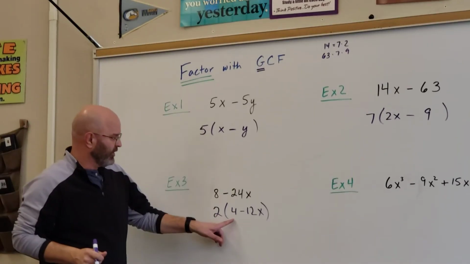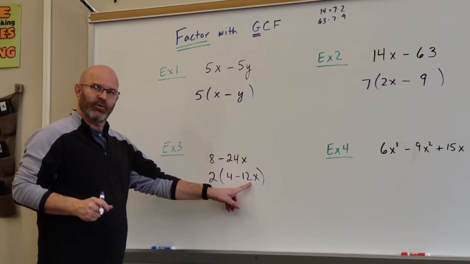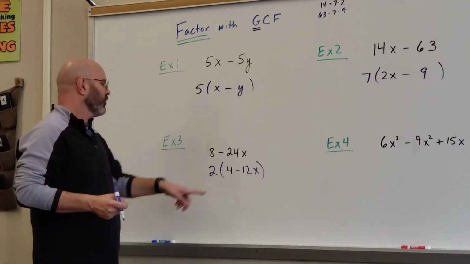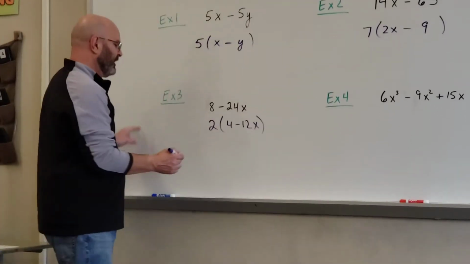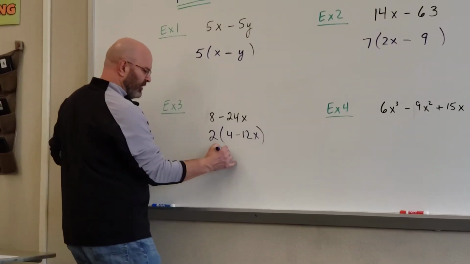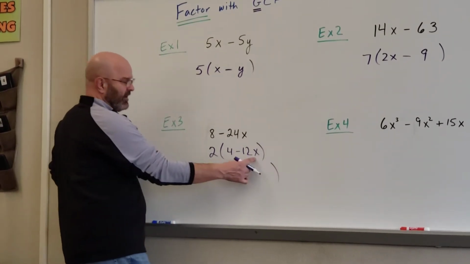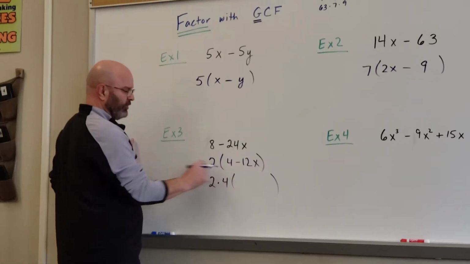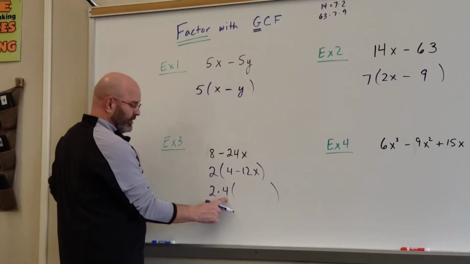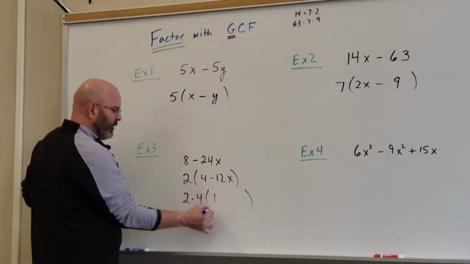Can you think of a number that goes into 4 that also goes into 12? Well, that number should be 4. 4 goes into both of these numbers. So I'm going to leave the 2 where it is, but now I'm also going to pull out a 4, because it's the GCF of these two terms. 4 times what number gives us 4? The answer to that question is 1.